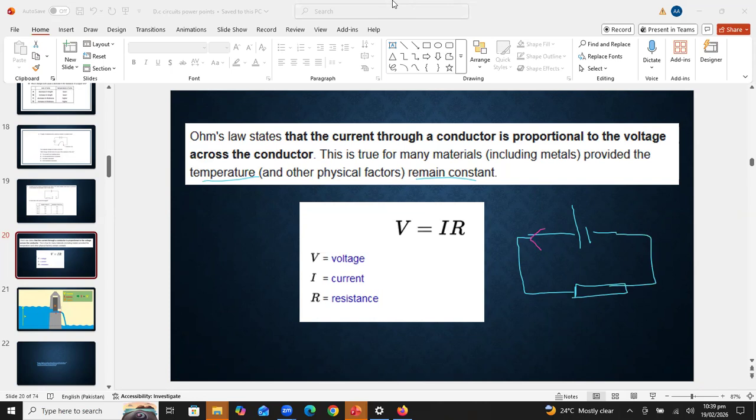So it means, students, if the current will increase, so the voltage means potential difference across this resistor will also increase. So it means if I study a relation between voltage and current across any component, voltage and current are directly related with each other. The greater will be the current, the greater will be the potential difference across this resistor.